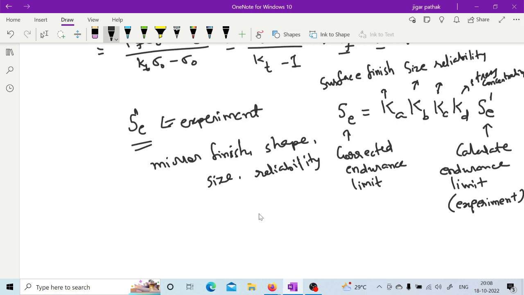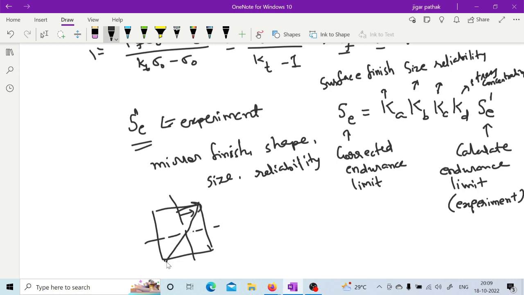Because in the experiment you are providing bending stress. If you consider that cross section, the stress profile will be like this, let me draw it properly.